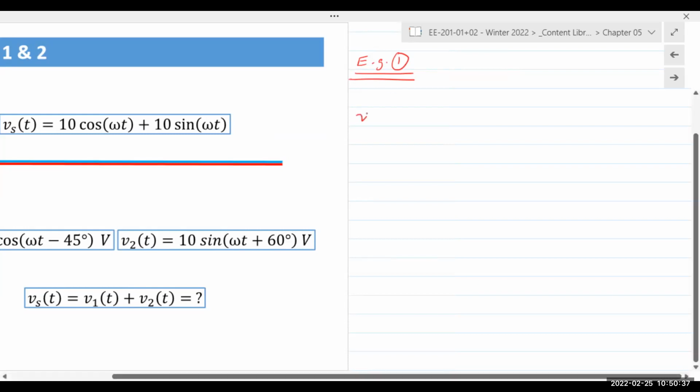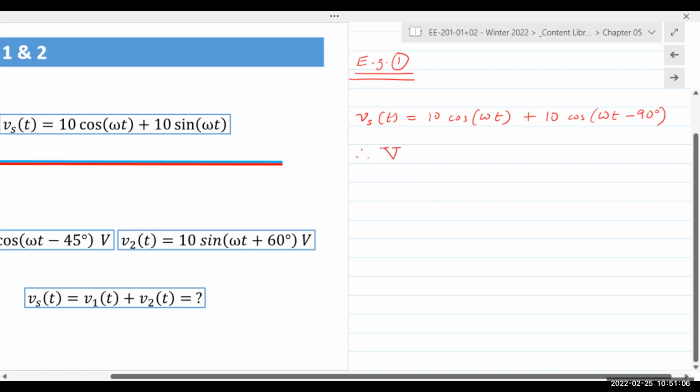So Vs of t, if I want to write the phasor, I have to have a cosine expression. So the second one, which is sine, is going to be changed to cos omega t minus 90. Once I have both of them in cosine form, I can write the phasor directly.